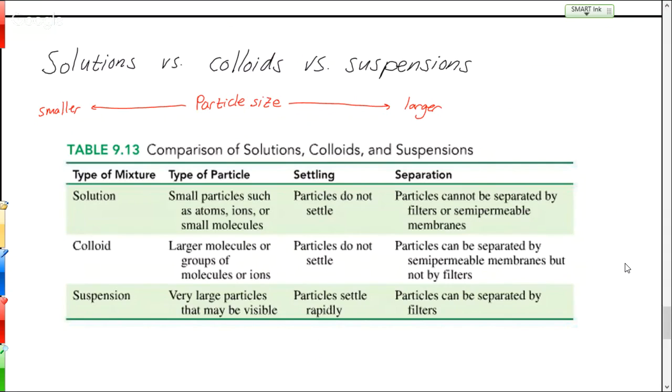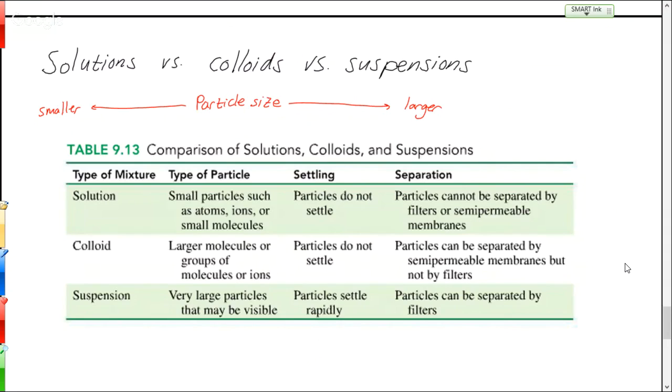And because they're involved with the solvent at the molecular or atomic level, they can't really be separated by physical means like filters or what we call semi-permeable membranes, which is just a really, really fine filter, kind of like a cell wall. So the particles are so small that they can flow through anything that has a hole the size of a molecule, which is almost nothing, so tiny.